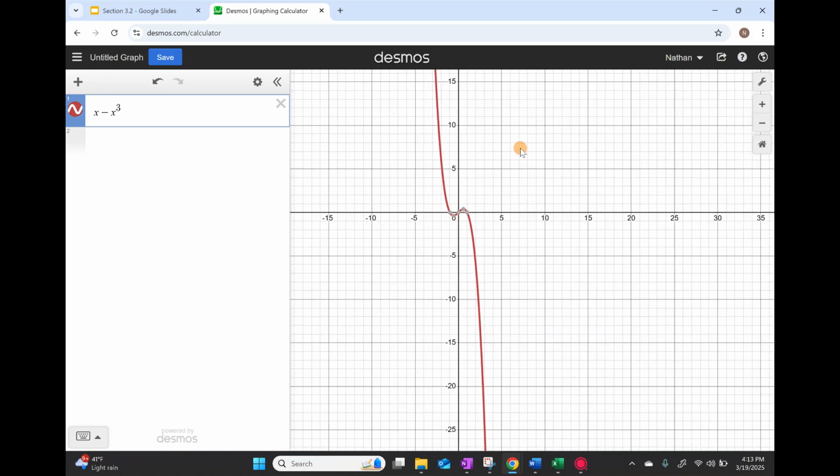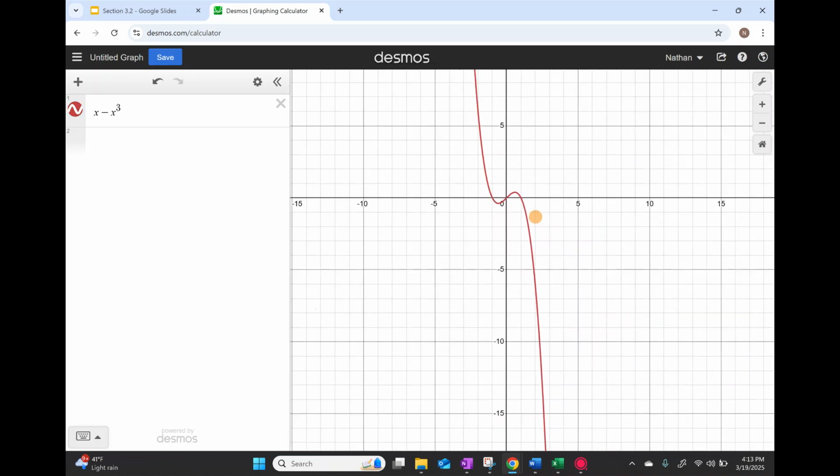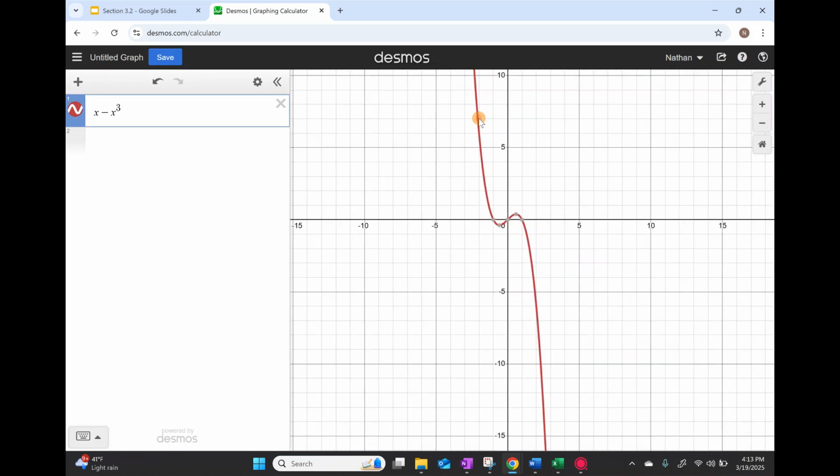Let's see, is there anything else? So let's maybe get some of these points. I'm going to make my graph look a little bit nicer. I'm going to use the point (-2, 6), and (2, 6) will probably be the same. That is correct. And remember, these are about at negative 1/2, a little bit past negative 1/2, and probably positive 1/2.